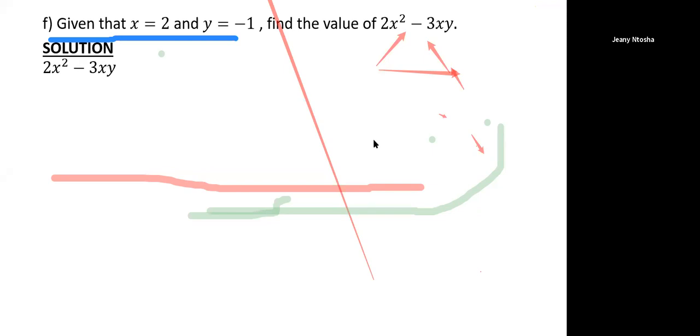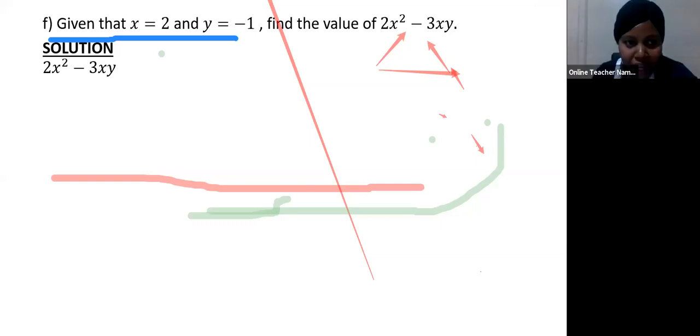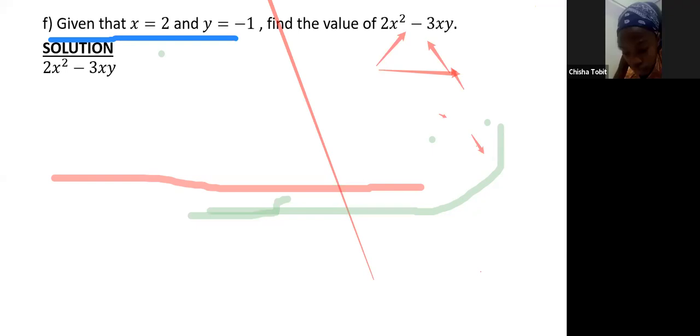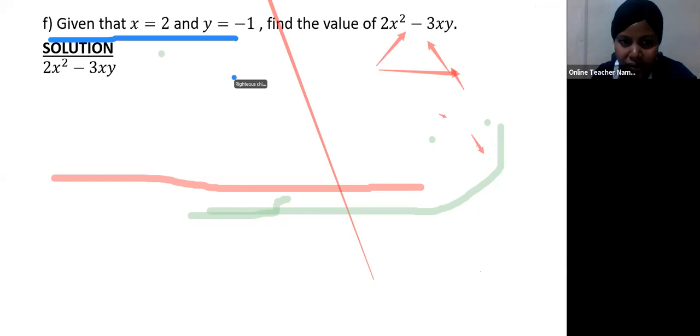Yes, madam. Okay. Now expand 2x squared minus 3xy for me. 2 times x minus 3 times y times 2 times 2. I can't get you. Say it loud.